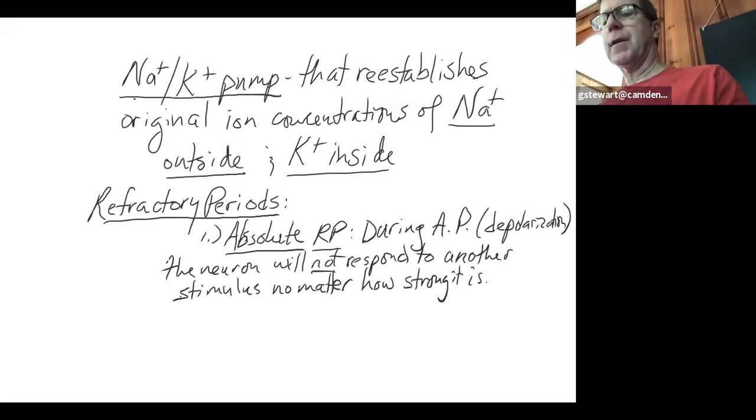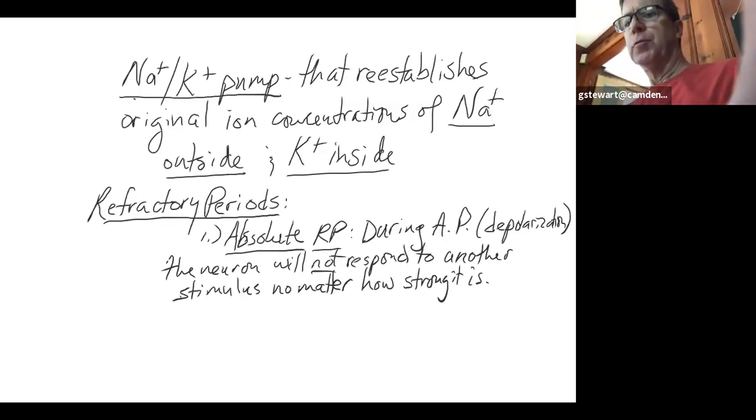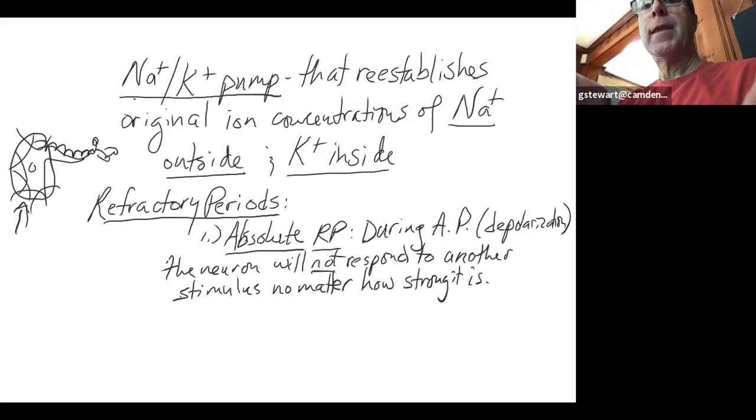The reason is because the cell's busy. It's busy firing its own action potential. So during depolarization, this helps ensure one-way transmission of that action potential. So when this nerve cell is depolarizing, firing an action potential down its axon, if we stimulate that cell again, it won't respond to that stimulus when these sodium gates are opening and sodium is rushing in.